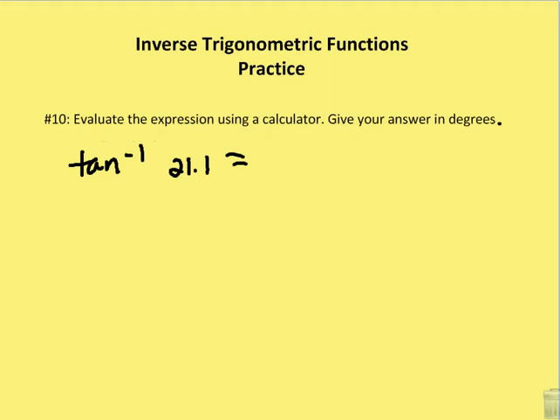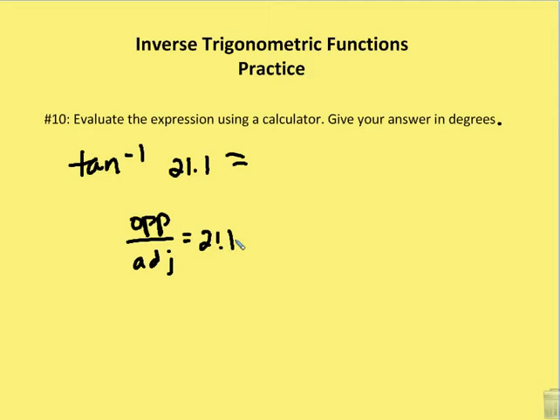Okay, now we're going to use our calculators to figure out what the angle is given a relationship. So I have my relationship between the opposite over the adjacent side, which is tangent, is equal to 21.1. So what is the angle measure that gives us a relationship of 21.1 to 1 for tangent?